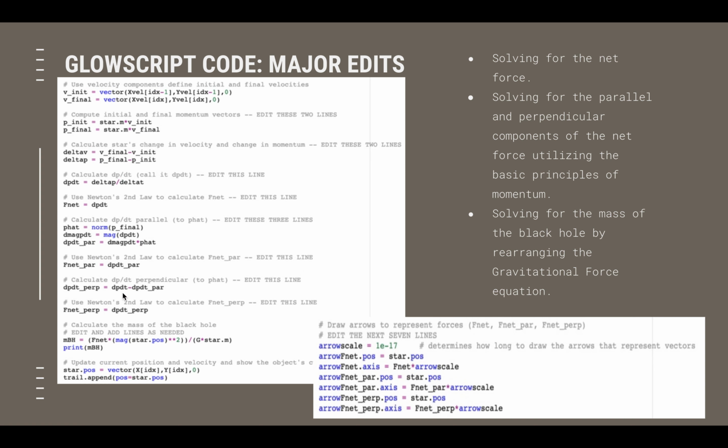In this line over here, I found the dp/dt perpendicular by using the fact that net force, or dp/dt total, is equal to dp/dt parallel plus dp/dt perpendicular. And we use Newton's second law once again to show that the perpendicular F net is equal to the dp/dt perpendicular. Over here, I was able to calculate the mass of the black hole by rearranging the values in the gravitational force equation, as you can see over here.